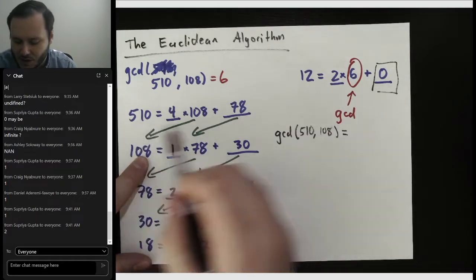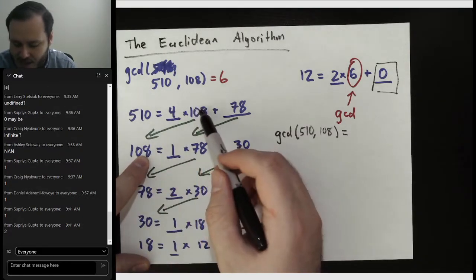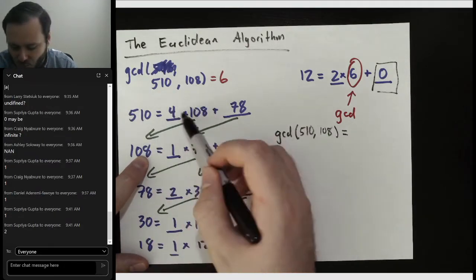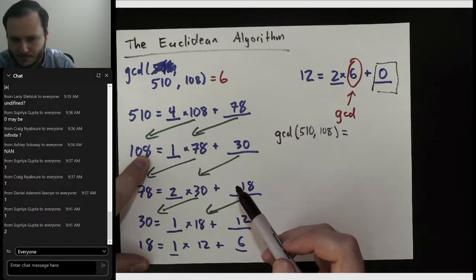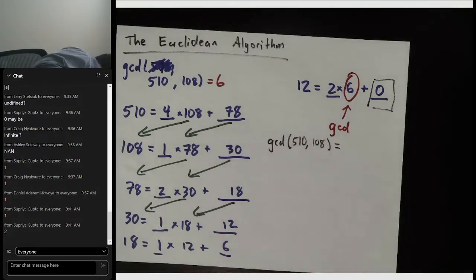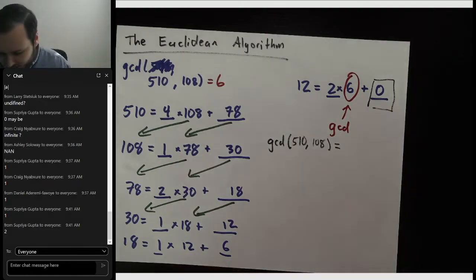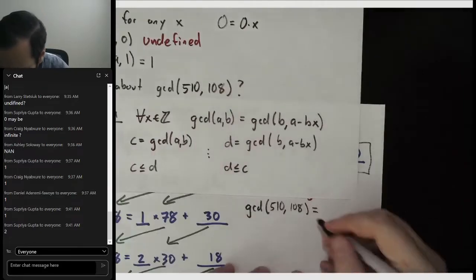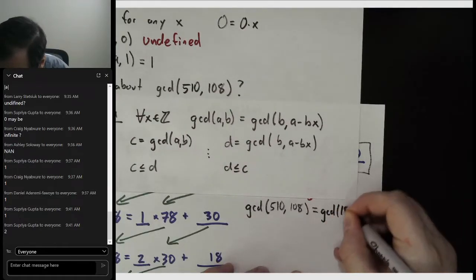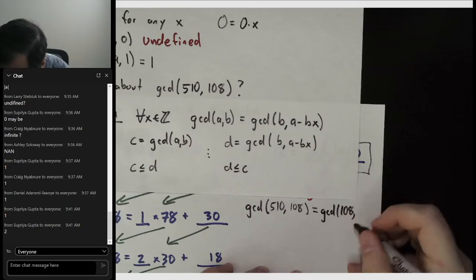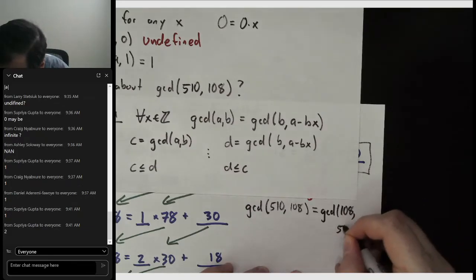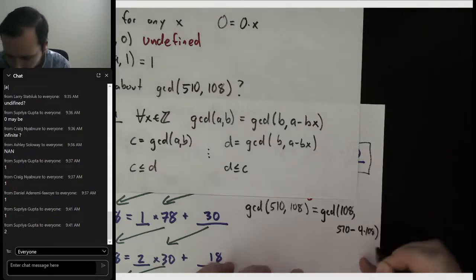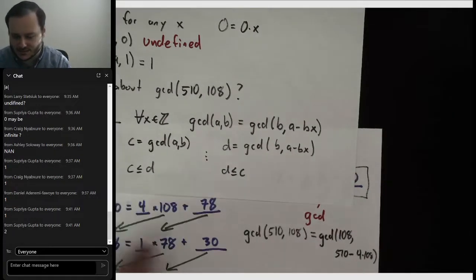Because my lemma says I can take B and then I can take A minus 4 times B. And if we take a peek back at my lemma, this is the same as the GCD of 108 and 510 minus 4 times 108, which happens to be 78.